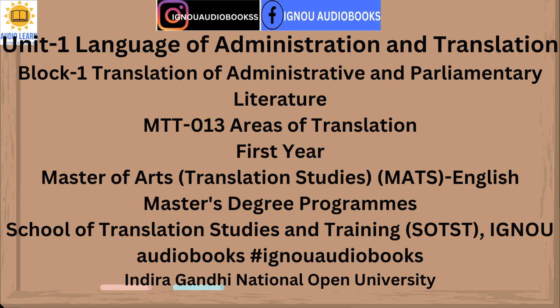Later, on 1 March 1971, the Central Translation Bureau, CTB, was established under the Department of Official Language, Ministry of Home Affairs, for translation of administrative literature, codes and other procedural literature. The work of translation of non-statutory procedural literature of central government ministries, departments, offices, and undertakings etc. was entrusted to this bureau.